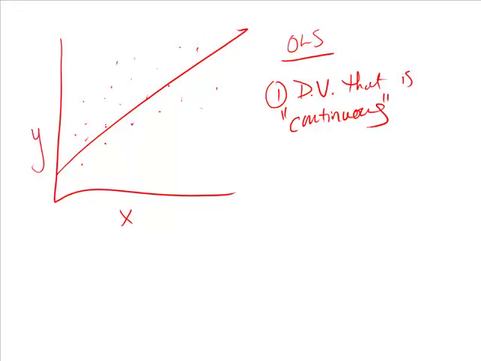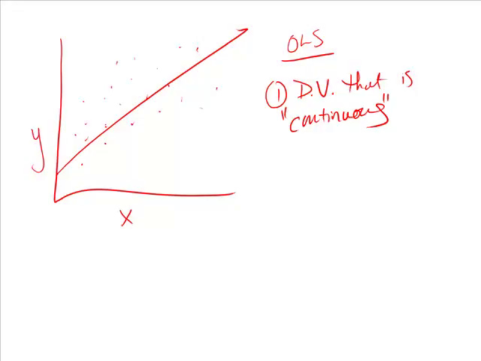Ordinary least squares, because we're talking about changes, and even sometimes fractional changes in y, it's really designed for a continuous variable, one that ranges a lot. Ideally, it would have a full range of values.